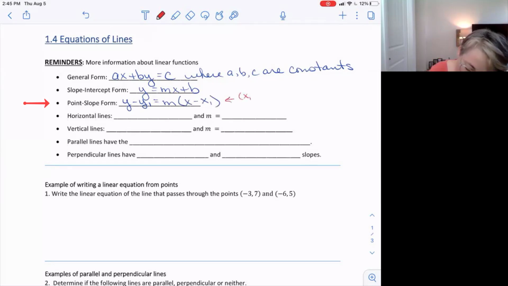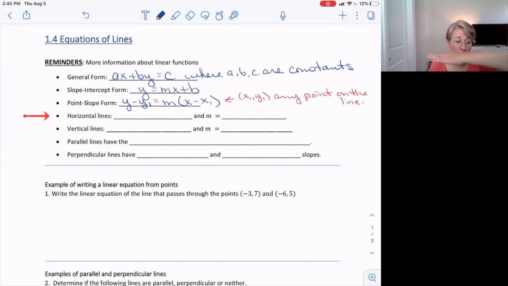But here, the x1, y1 is any point on the line. It does not have to be the y-intercept like the form before it.